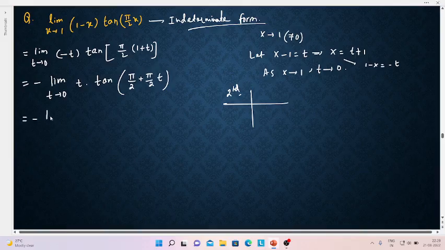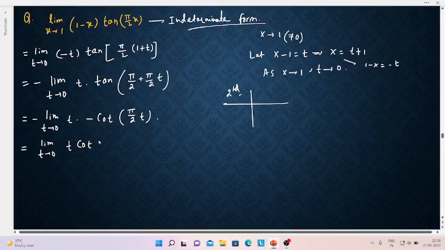So that will be limit t tends to 0, t times minus cot theta, and theta is nothing but pi by 2t, right? So if we again take the negative sign outside of the limit, negative times negative will be positive. So it will become limit t tends to 0, t cot pi by 2 times t, right? t cot pi by 2 times t.